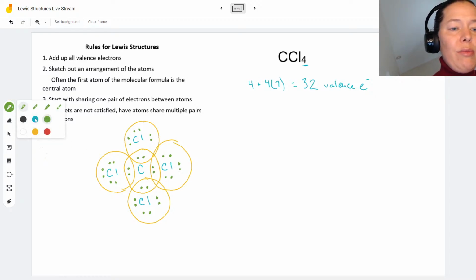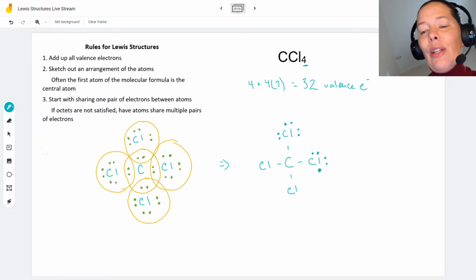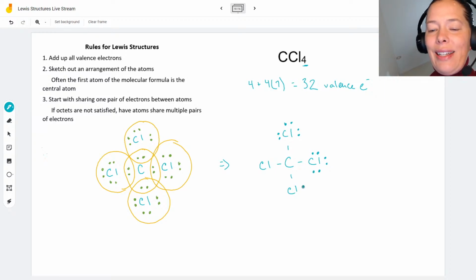Okay, so let's draw this a little more neatly. So we have carbon in the middle. It's got a single bond to each of these chlorine atoms and lone pairs all around. So it's going to take me just a second to draw in all of these lone pairs because there are a lot of them.